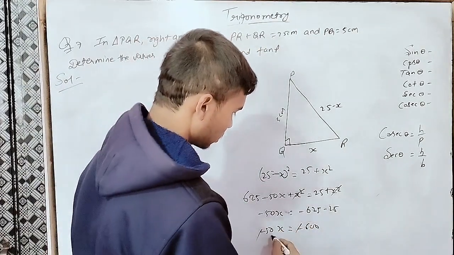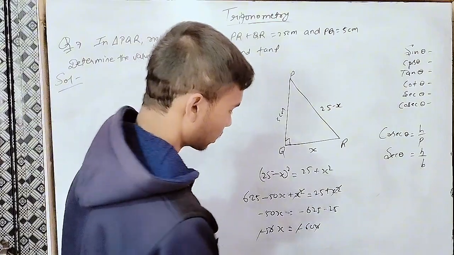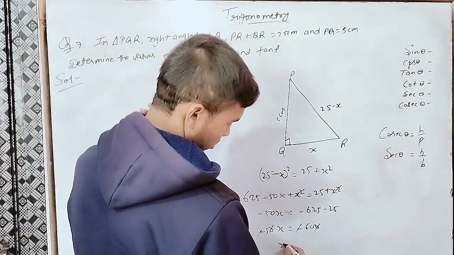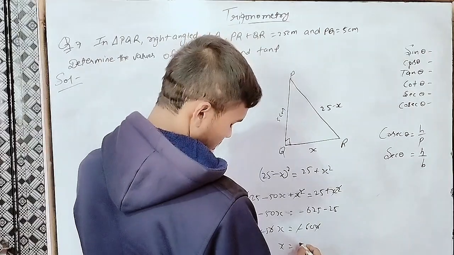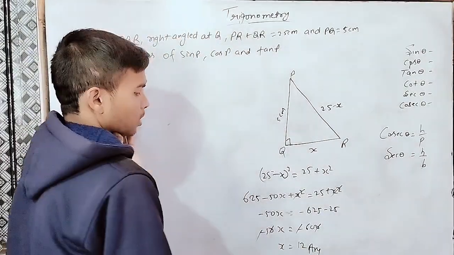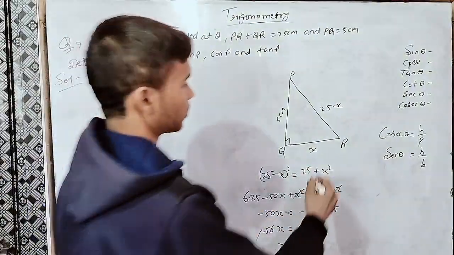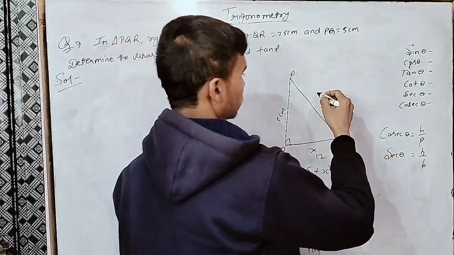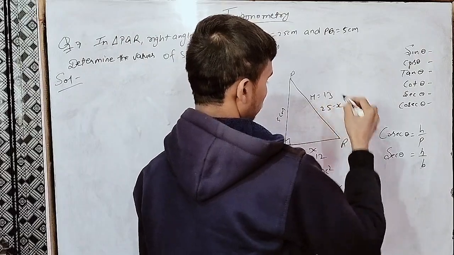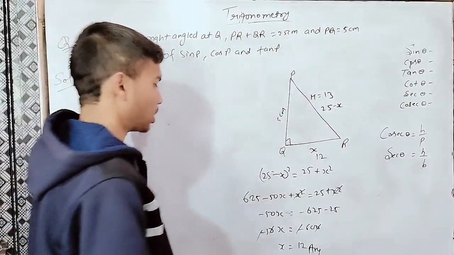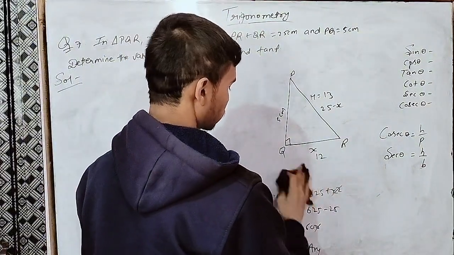Minus will get cancelled out, 10 will get cancelled out, 12 times 5 is 60. Value of x is 12. So x is 12, then 13 of course, and the hypotenuse is 13. This could be difficult for some students because of the extreme step.